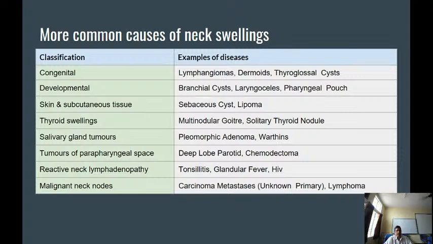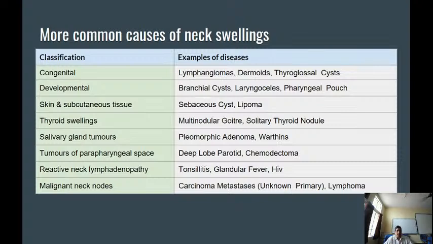And then you have developmental causes, which are branchial cysts, laryngoceles, the pharyngeal pouch. And from the skin and subcutaneous tissue, you have sebaceous cysts, skin elements, and in the subcutaneous tissue, it is the lipoma.